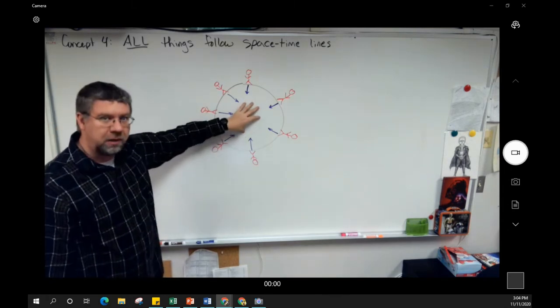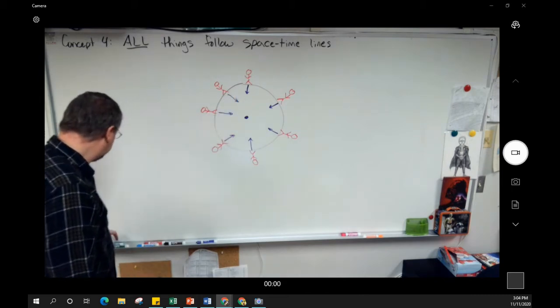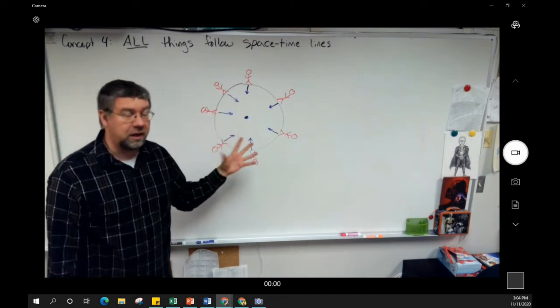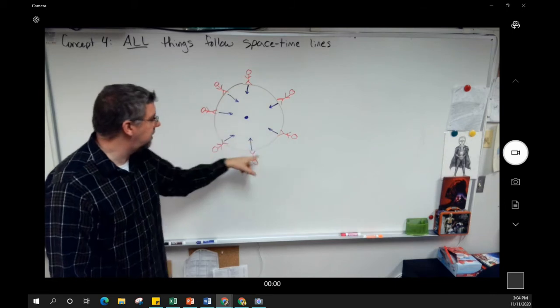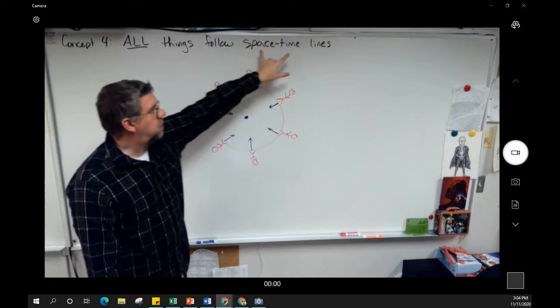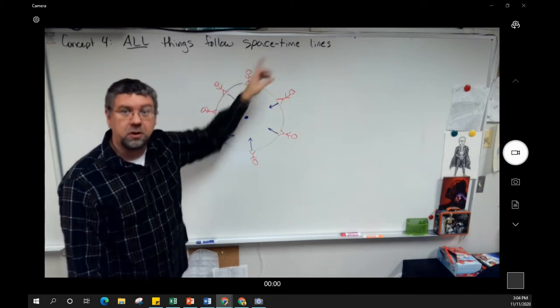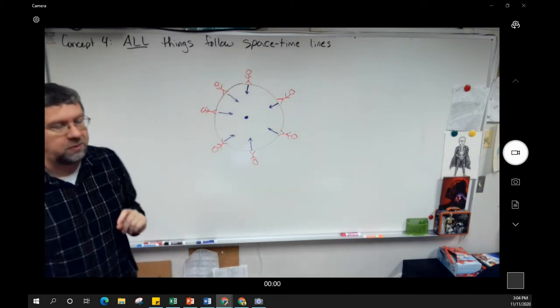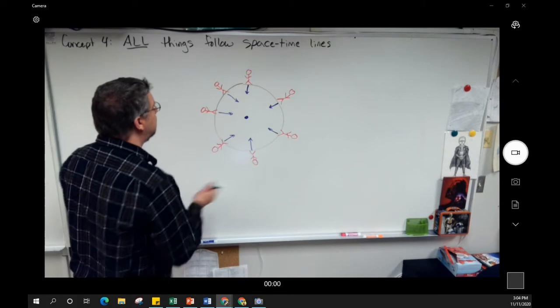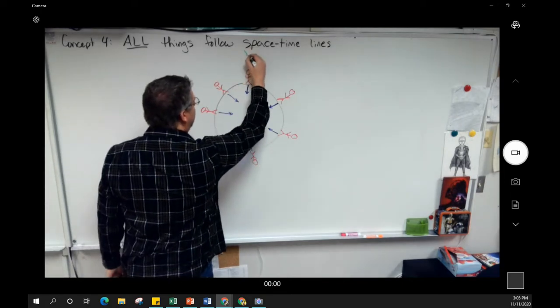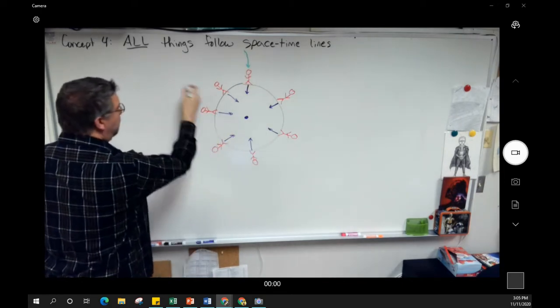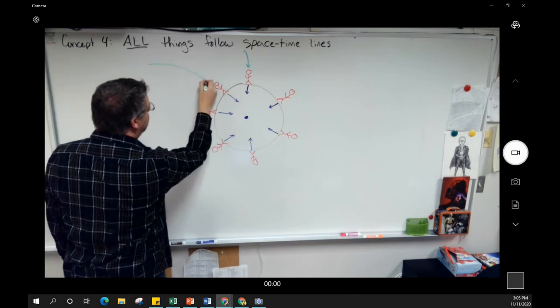We can extrapolate from this what the space-time lines are doing, because every single one of these people is part of a space-time line, and they all follow the space-time line, but they're not all part of the same space-time lines. So this person, they're on a space-time line that's doing this. This person, they're on a space-time line that's doing this.